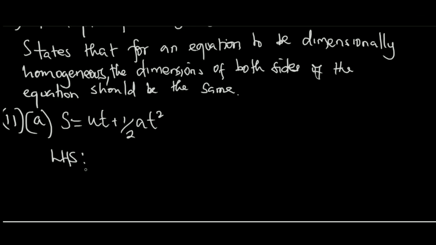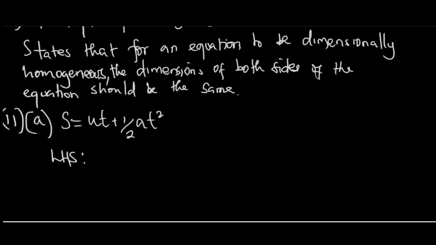Now in order for us to be able to identify the dimensions, it is very important that we know the physical quantity we're dealing with. Now S is simply a symbol used to denote the displacement of an object. Now displacement as we know it is simply the overall change in position, of which in this case we're simply talking about length between the 2 points in which the particle is going to change.